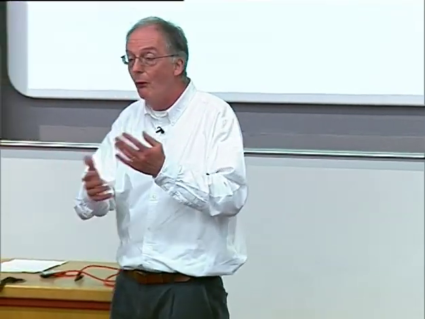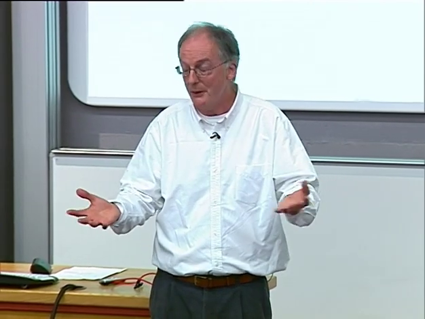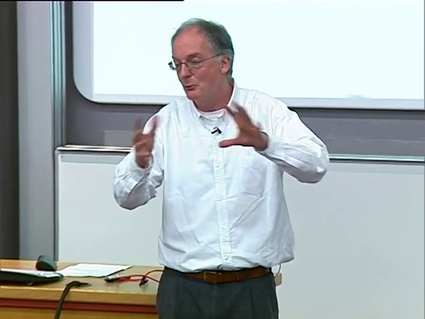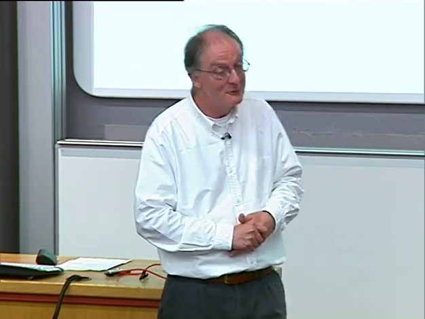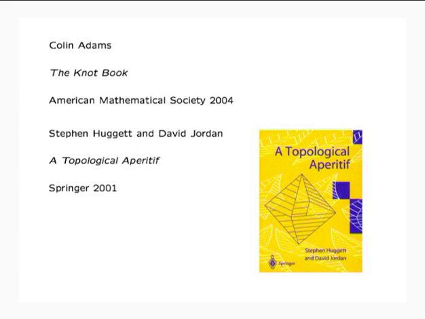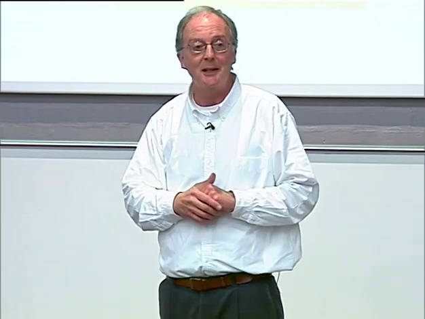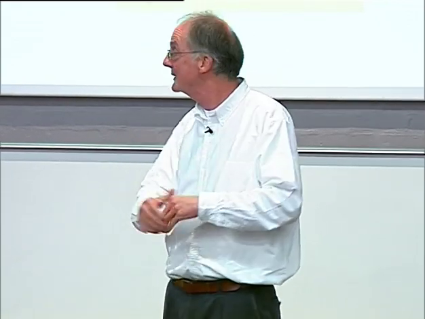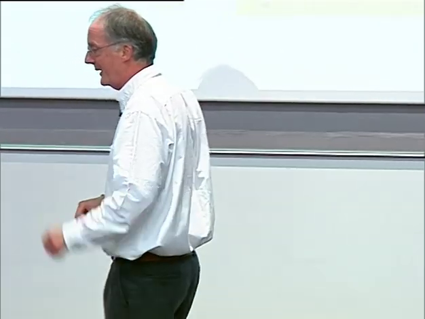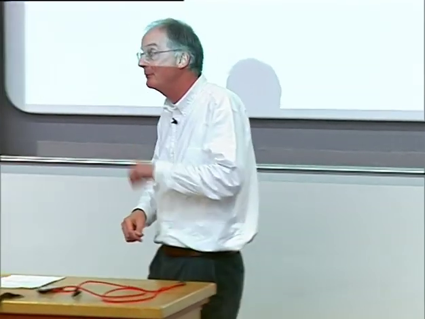He shows you all of these research questions and leads you through these wonderful open questions in a way that I will never be able to do, however hard. He's really good. The second book I couldn't possibly recommend to you, but it's a book that I wrote with David Jordan some years ago, and it's a very gentle aperitif to the subject of topology, which knot theory is a very good test for.